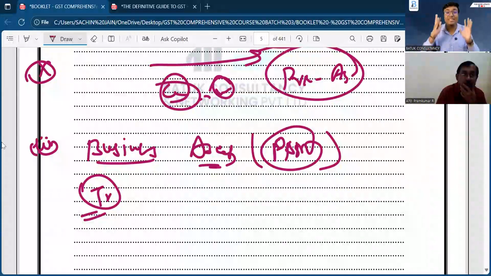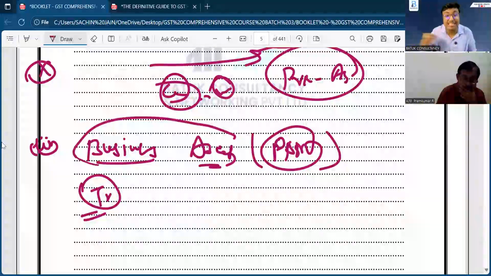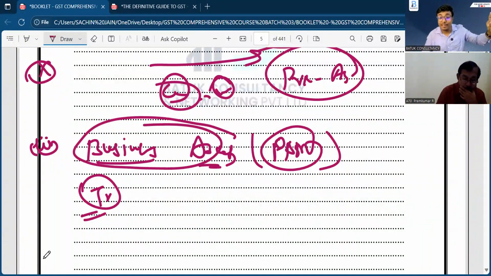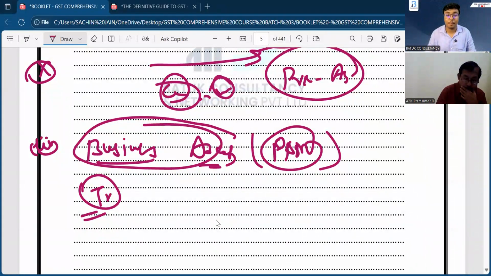Hence, government has come up with a specific provision. Whenever there will be a transfer of business assets, the same will become supply, whether for a consideration or for no consideration. Okay. Now, suppose that was transfer. Suppose second thing. Sir, suppose second thing.